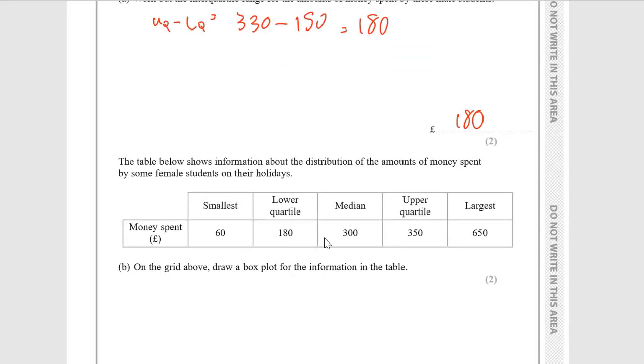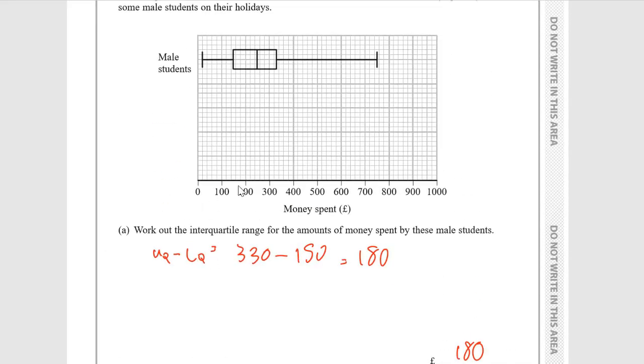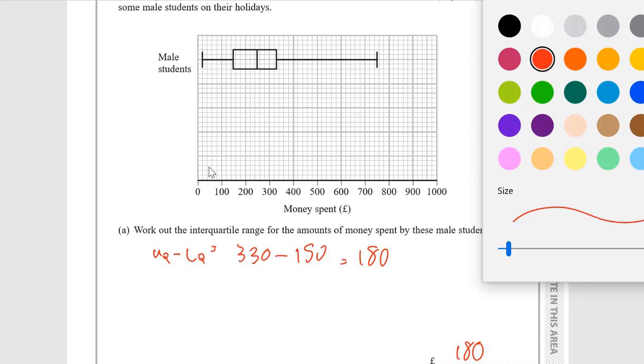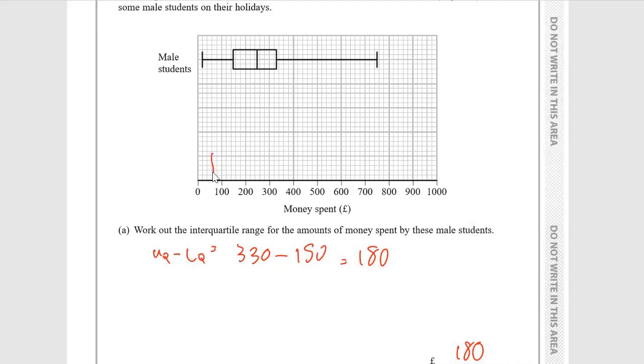So let's just basically plot all of these. Now I don't have, again, a very precise hand, but essentially we've got 60, which is about here. And then we've got 180 as a lower quartile, which is about here. Should cross the line. And then we've got median 300, and then upper quartile 350.